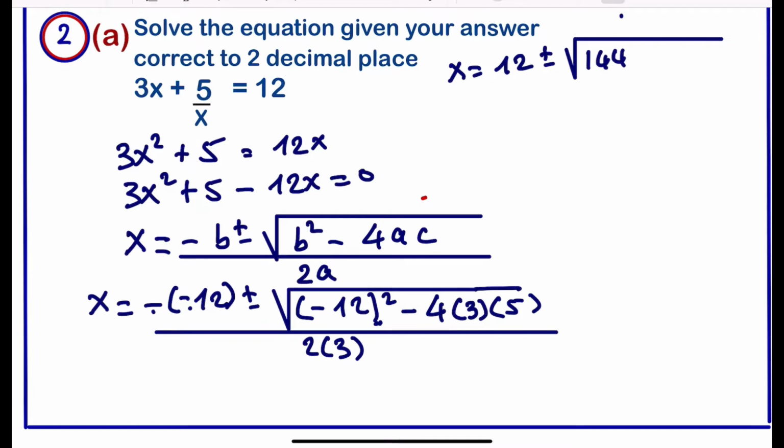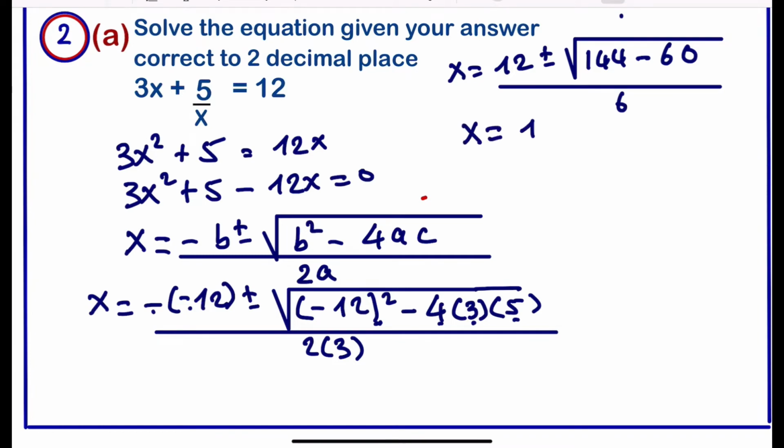144 minus, we have 4 times 3 times 5 will give us 60. Divided by 2a, divided by 6. Okay, so to move further, let's simplify further.